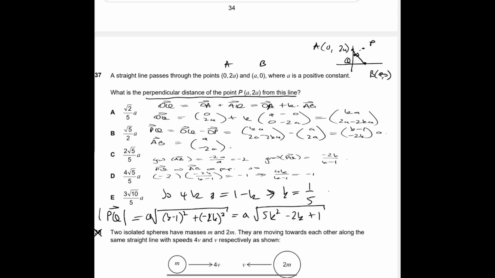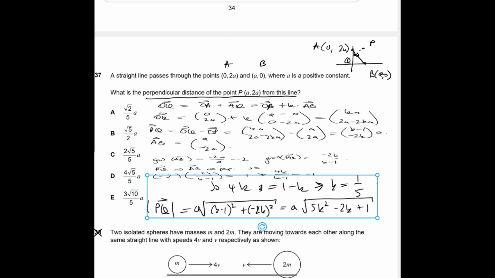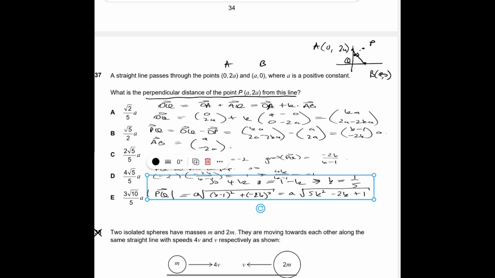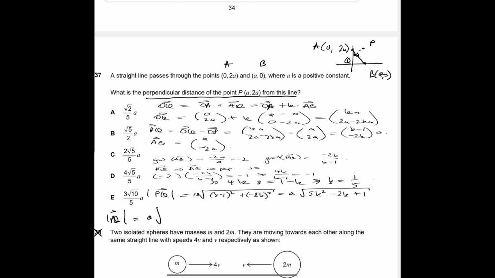So PQ is going to be a times the root of 5 times 1/5 squared minus 2/5 plus 1.